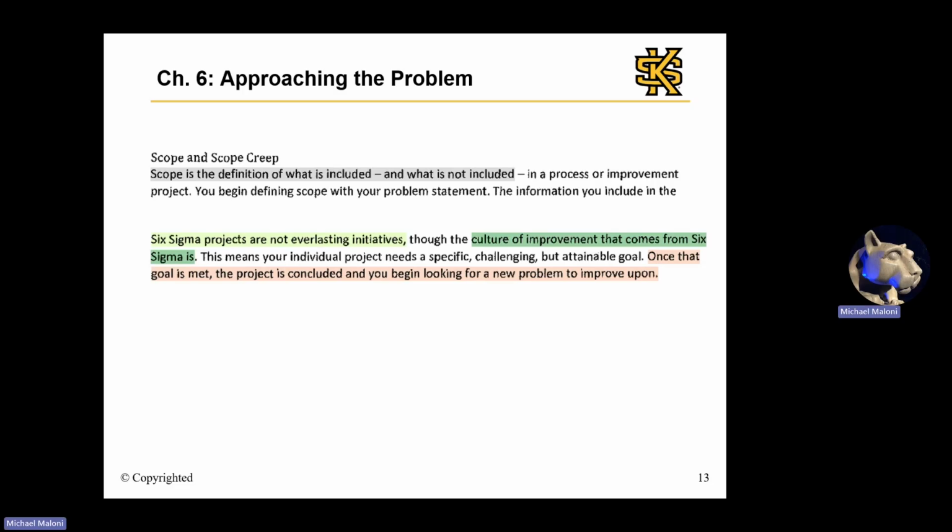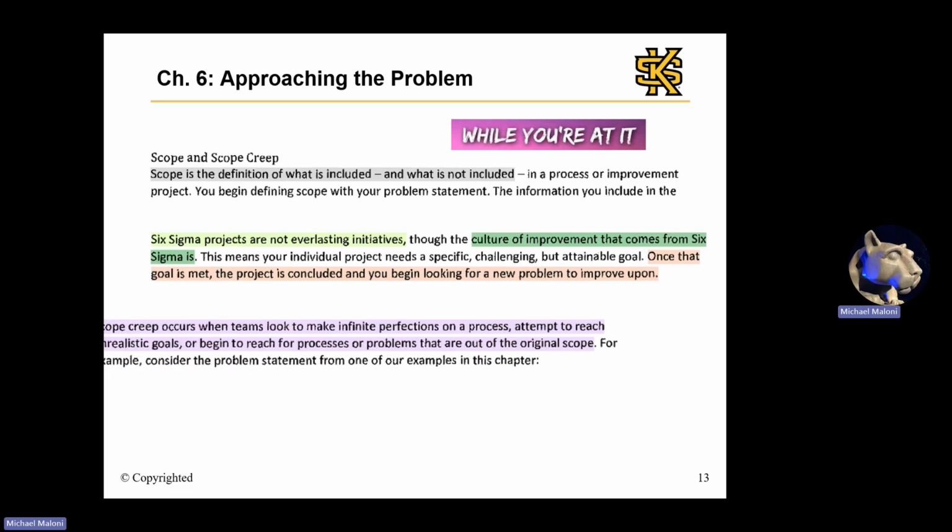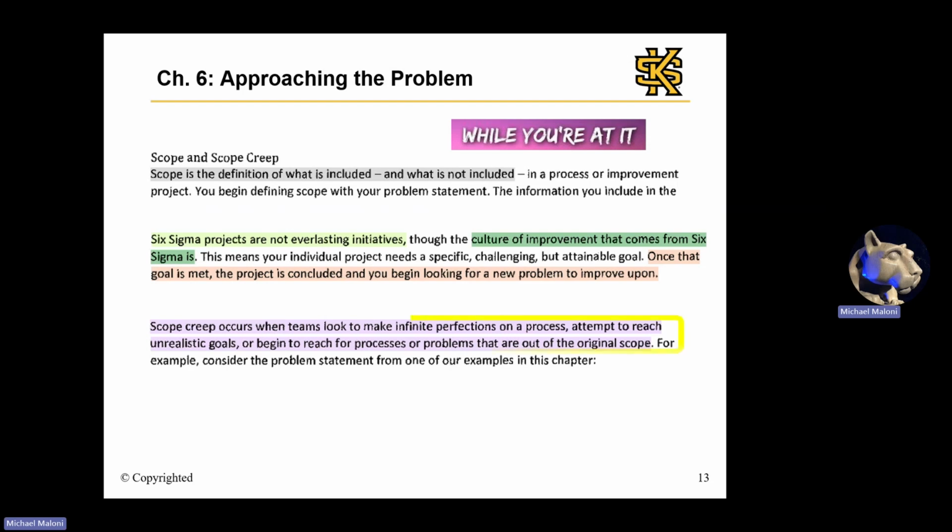So the saying is, "Well, while we're at it, let's also fix this." This will extend the project and increase the likelihood that the team loses momentum and/or gets overwhelmed. Expanding the project scope can be very tempting, but recognize two related ideas. Number one is that better is good.